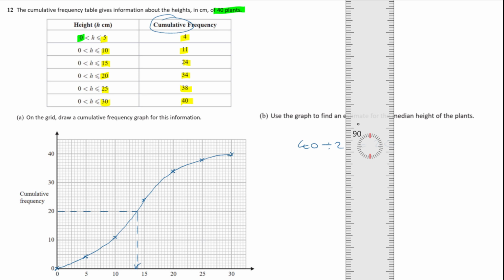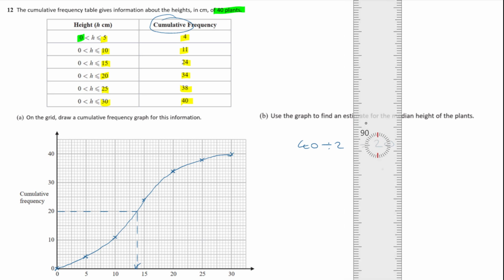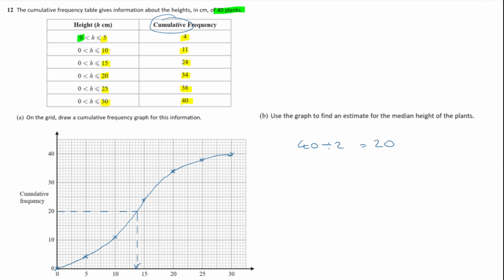So each one of those divisions is worth 0.5, or 2 little squares is 1. So I reckon that is, is it 14 or 13 and a half? I'm going to go with, it's kind of halfway between 14 and 13 and a half. I'm going to go for 13.5. Median equals 13.5 centimeters.